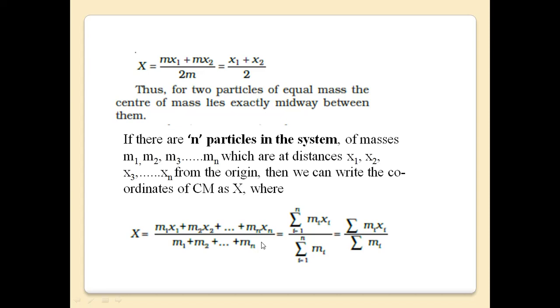So this can be written in summation form as sigma i equal to 1 to n of mi xi divided by sigma i equal to 1 to n of mi. Or it can be written as sigma mi xi divided by sigma mi, where of course we know that i represents numbers from 1 to n.